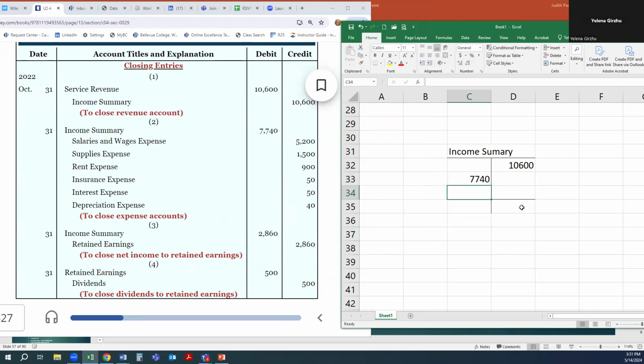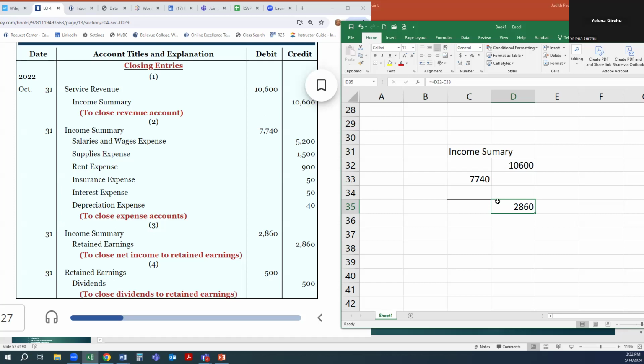So your balance is what? Your balance is 2860, right? So now we say this is actually net income. Income summary to retained earnings on the third entry is 2860.